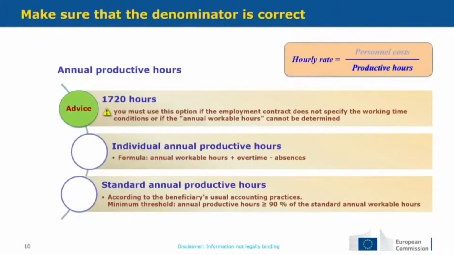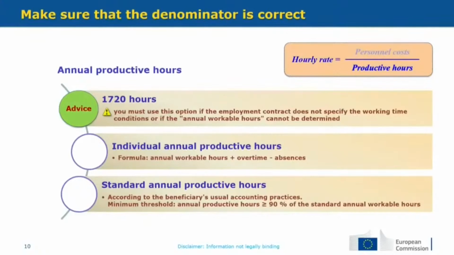For option 2 and 3, we have conditions. We don't have all the conditions on the slide, but basically, please, if there are specificities to pay attention to, are those conditions where we can use this. For example, individual productive hours cannot be used in certain conditions and in certain circumstances and so on.